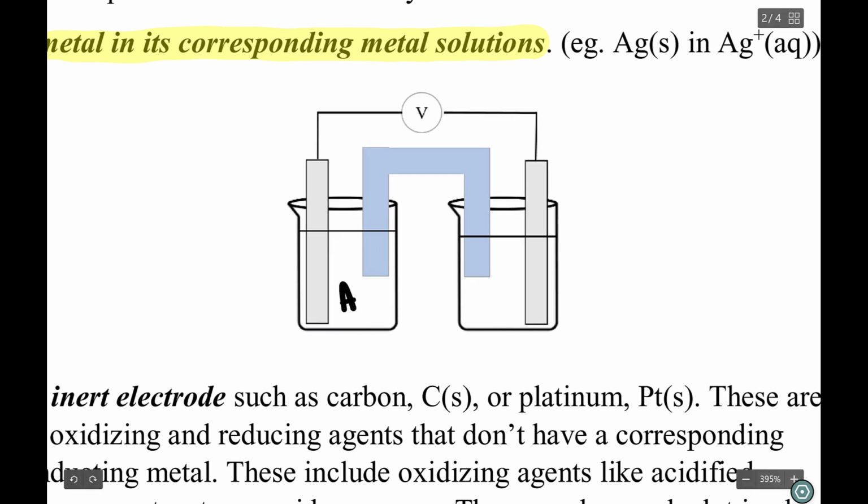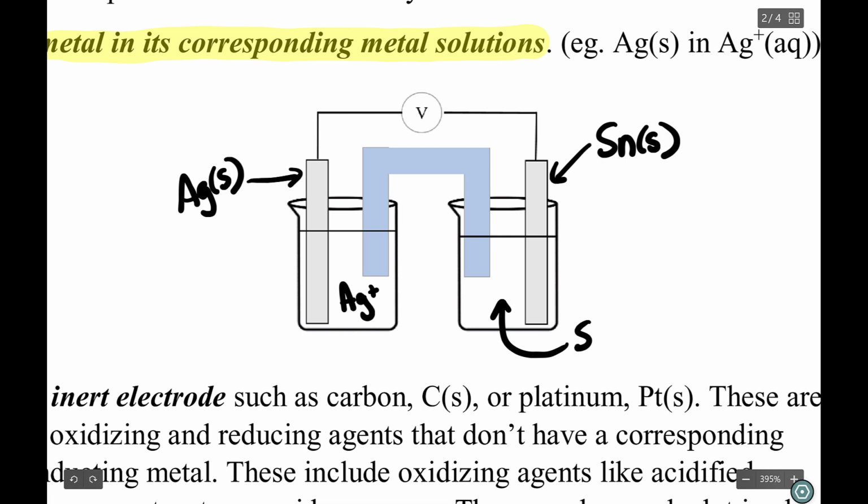Things like I have a silver ion solution and I have a silver electrode, or, I don't know, we have a tin solid electrode and we have tin 2+ ions in solution. If you're going to use silver or copper or tin or lead or whatever it might be, just put it in its own solution, and that keeps everything much more simple.